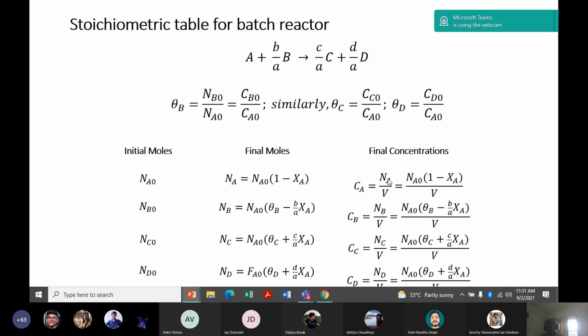So the concentration will also be a function of time as the volume is changing. Substituting Na as Na0 times 1 minus Xa, and similarly Nb, Nc, Nd, you will get the concentration relations as a function of Xa.